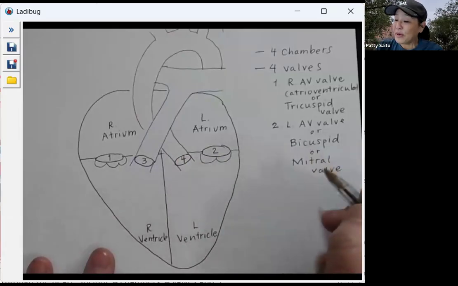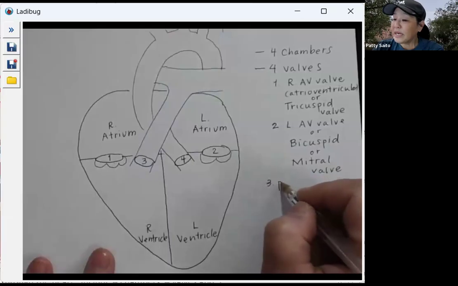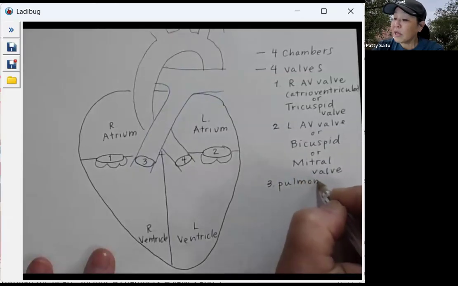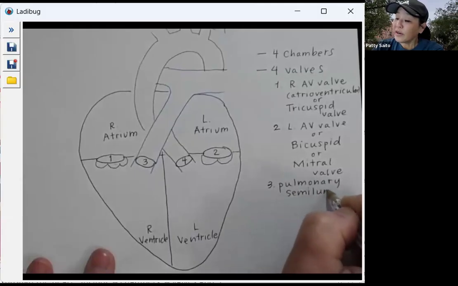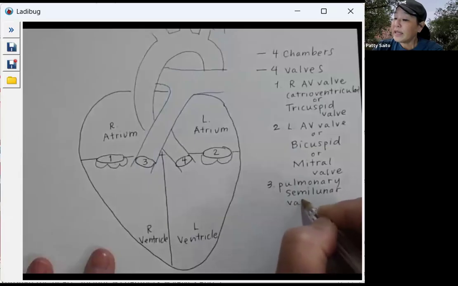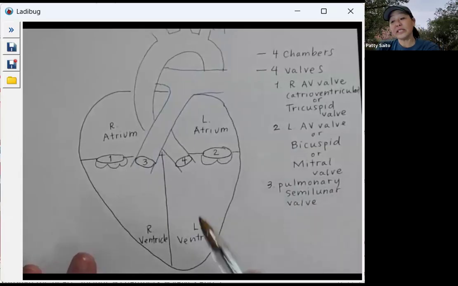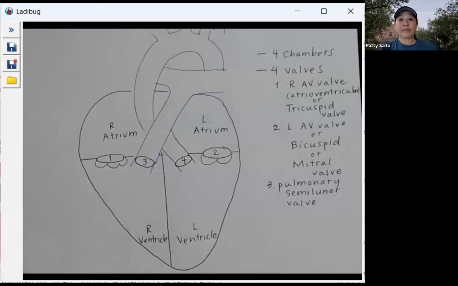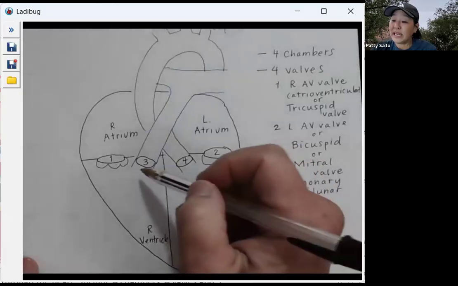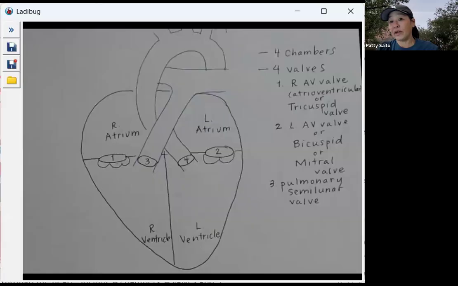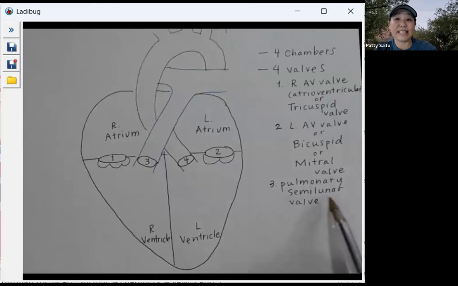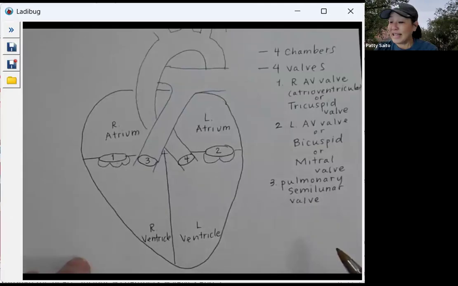Okay. The third one is called the pulmonary valve, sometimes called the pulmonary semilunar valve. Semilunar means half moon. These are a different kind of valve. They don't have flaps. They have these little pouches that as blood comes out and starts to backflow, these pouches get filled with blood and they look like little half moons.